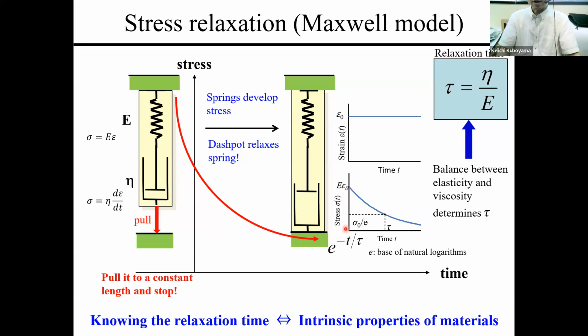So just after you apply the constant strain, only the spring deforms, but the dashpot doesn't deform. So the generated stress comes only from the spring part. But after that, when you maintain the strain length, the spring stores energy and continues to pull the dashpot. So the dashpot can move slowly, the strain at the spring part becomes lower, and the stress continues to decrease.